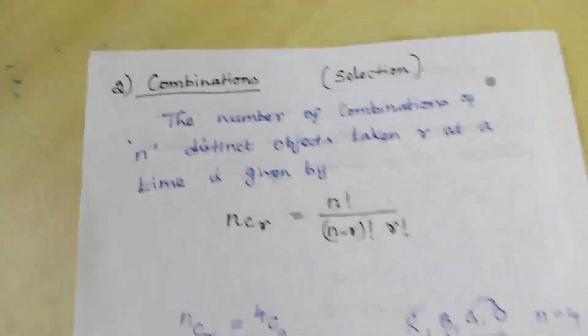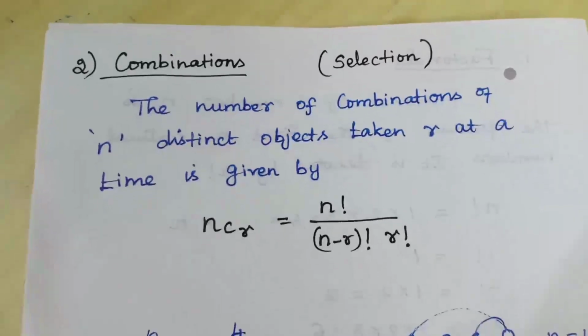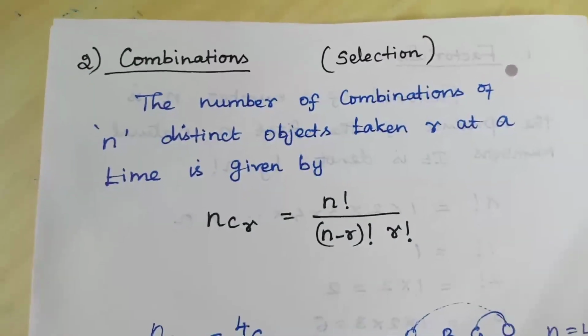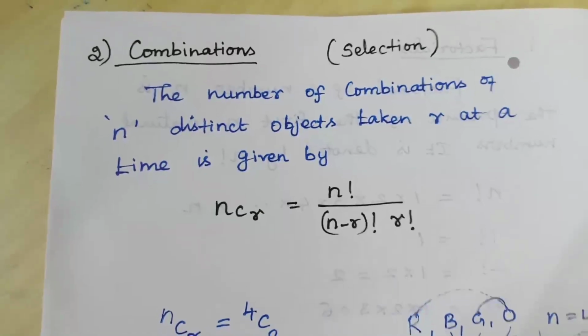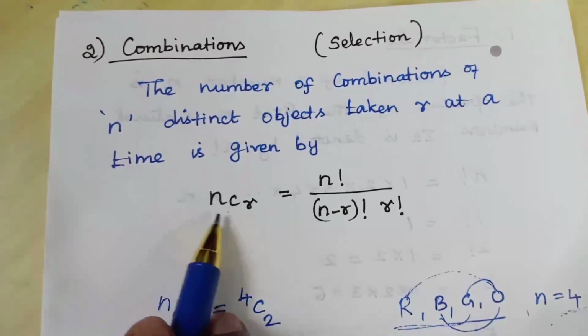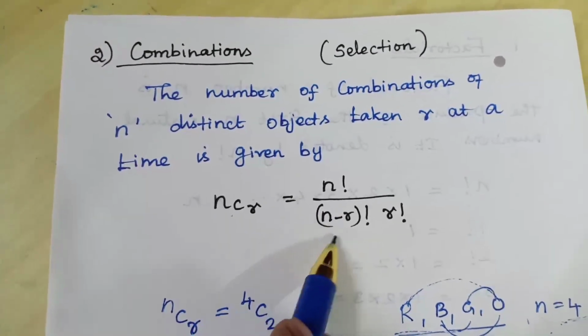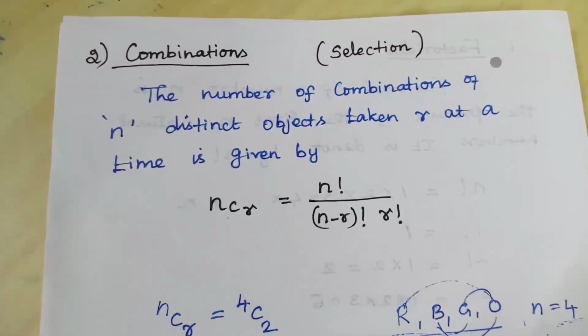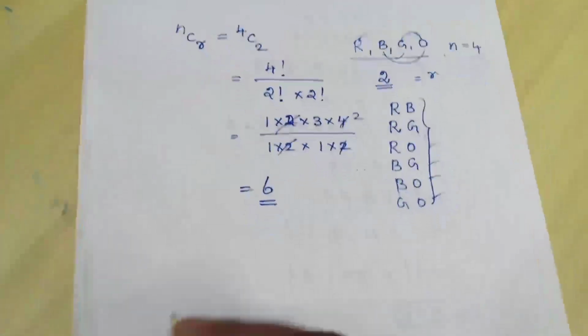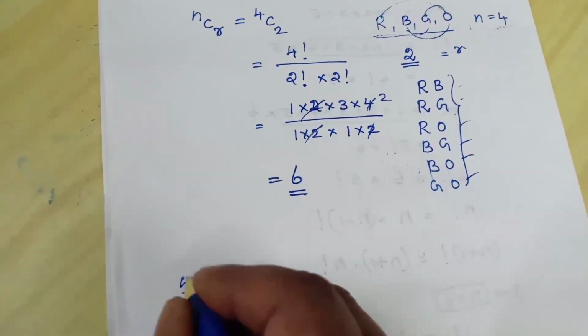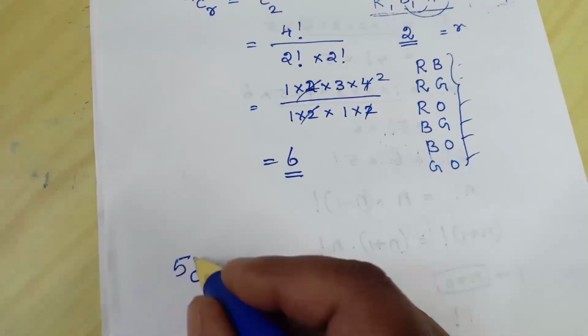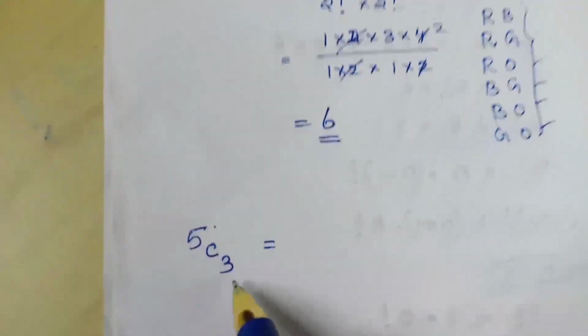So the number of combinations of n distinct objects taken r at a time, that is combination or selection, is given by nCr equal to n factorial divided by n minus r factorial into r factorial. Now find the value of 5C3. That means n is equal to 5 and r is equal to 3.